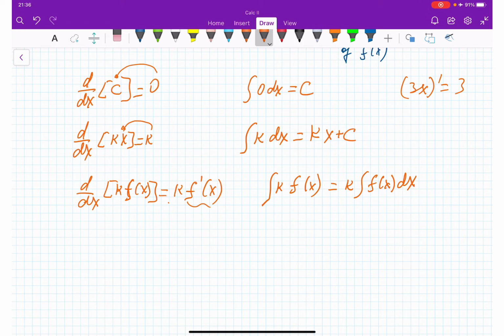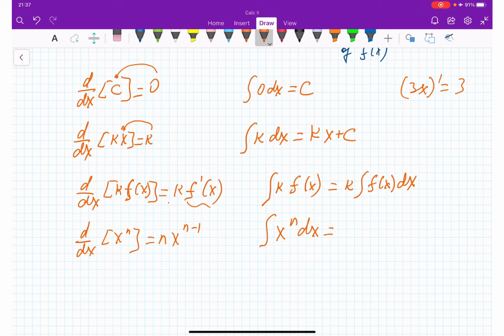For the derivative with the chain rule, if d by dx of x to the power n is equal to n times x to the power n minus 1, then the integral of x to the power n dx is going to be the opposite.